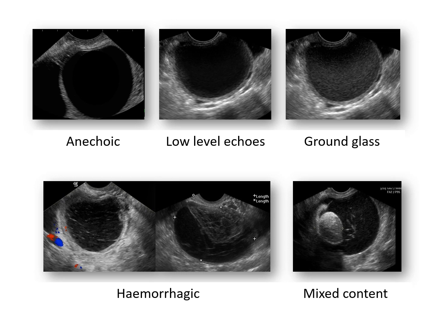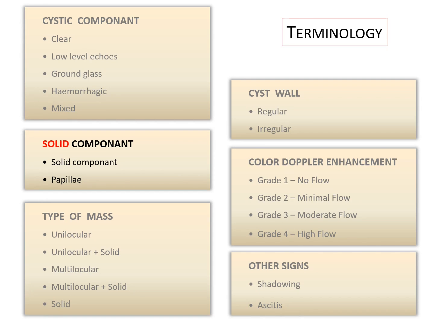If you see a cobweb-like appearance, it is highly likely to be a hemorrhagic cyst. A hemorrhagic cyst can also have two different echogenicities, representing the fluid blood at the bottom and the clot forming at the top. At other times, you can have mixed content, such as in a dermoid cyst, where most of the cyst is anechoic, but there are some hyperechogenic areas which represent either bone or hair.